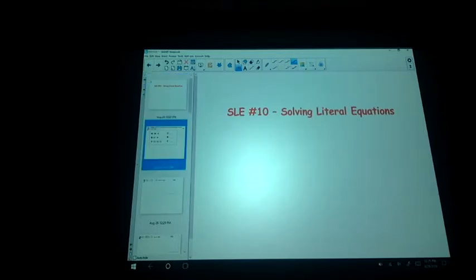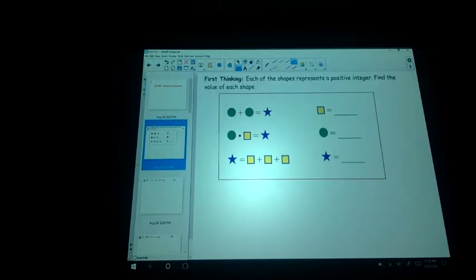So the first one we're going to talk about is we have this. Let's see if we can decipher this. I know circle added to another circle gives me a star. And I know that a circle times a square gives me a star. So I'm going to say that circle is equal to star divided by square.